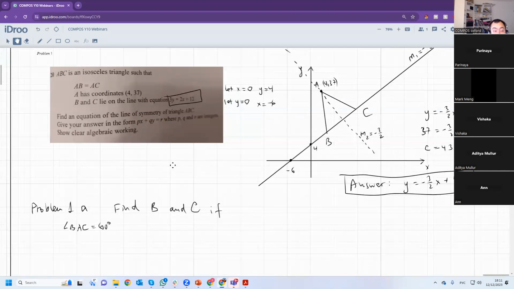That means the triangle is equilateral. Well done. Of course. Because we know it's an isosceles triangle, this angle is equal to this angle. But if these angles are equal and this angle is 60 degrees, that means these are also 60 degrees. So it's an equilateral triangle. 60 degrees, 60 degrees.